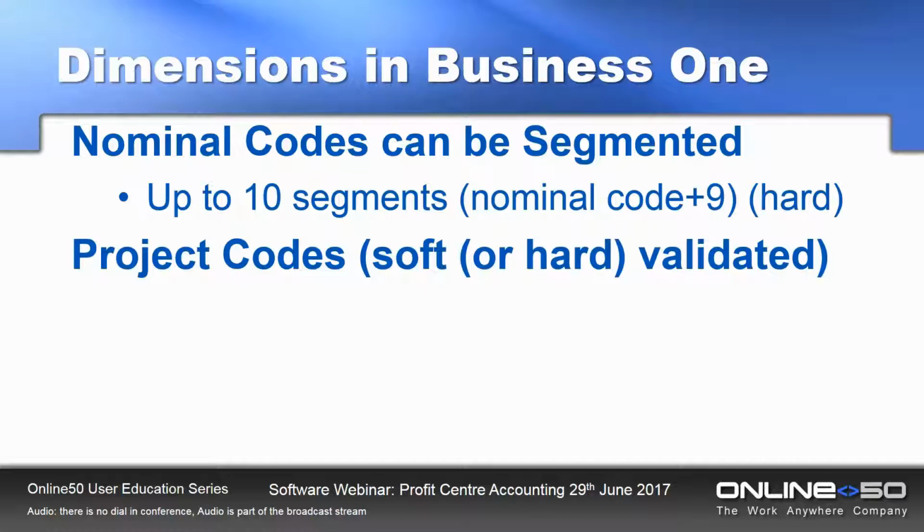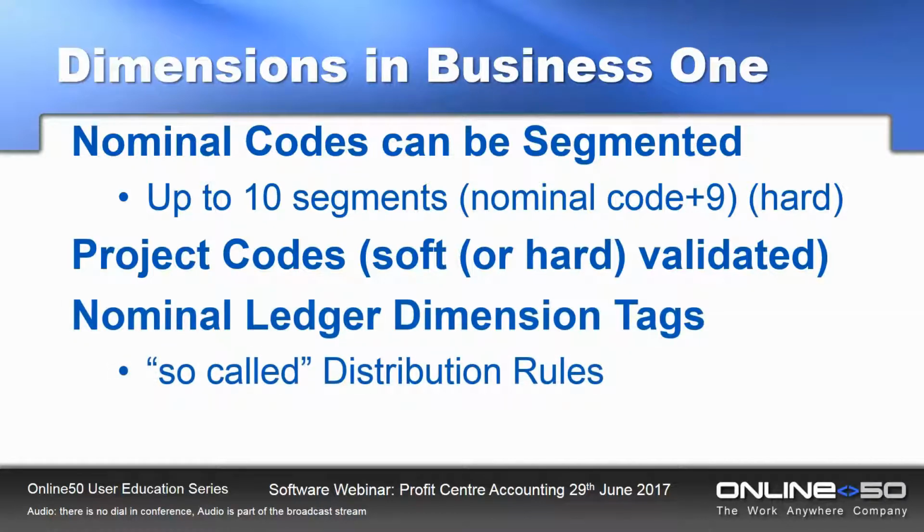In addition, you can also set up nominal ledger dimension tags. So the nominal ledger dimension tags create up to 5 additional dimensions on the nominal ledger. They work very similarly to the project codes I've just mentioned. In addition, they have something called a distribution rule.